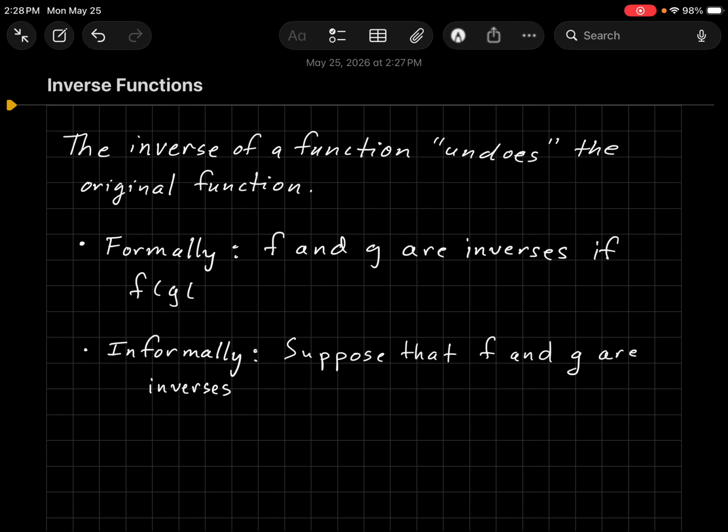If f of g of x equals x and g of f of x also equals x. Generally, for the problems we do at this level, if one of these is true, the other is true as well. But this is the formal definition of an inverse, in case you see that.